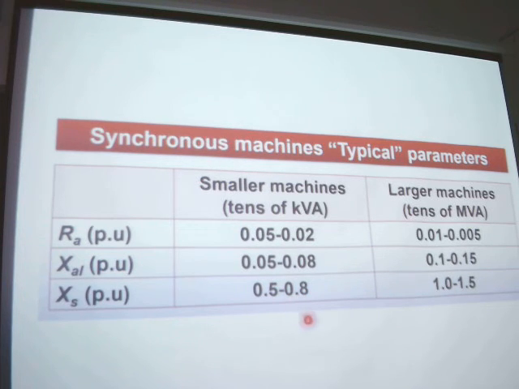For the smaller one, the value is small, 0.5 to 0.2. But this is just the typical value. Different machines will have different values.